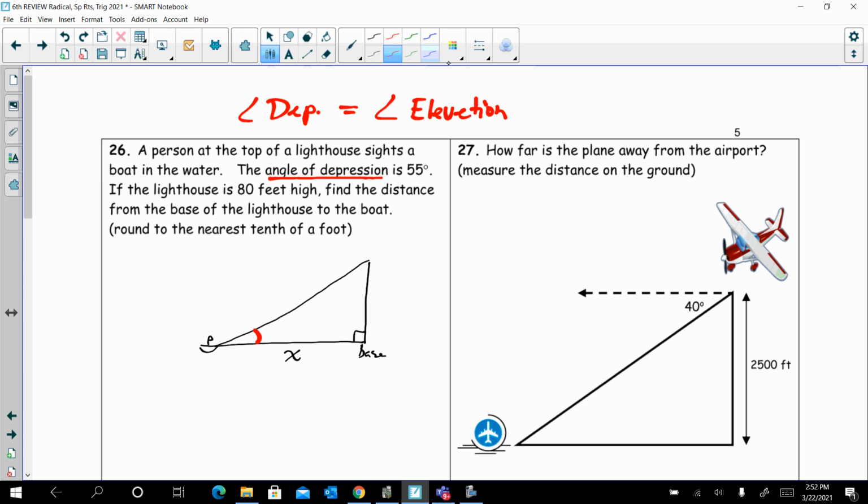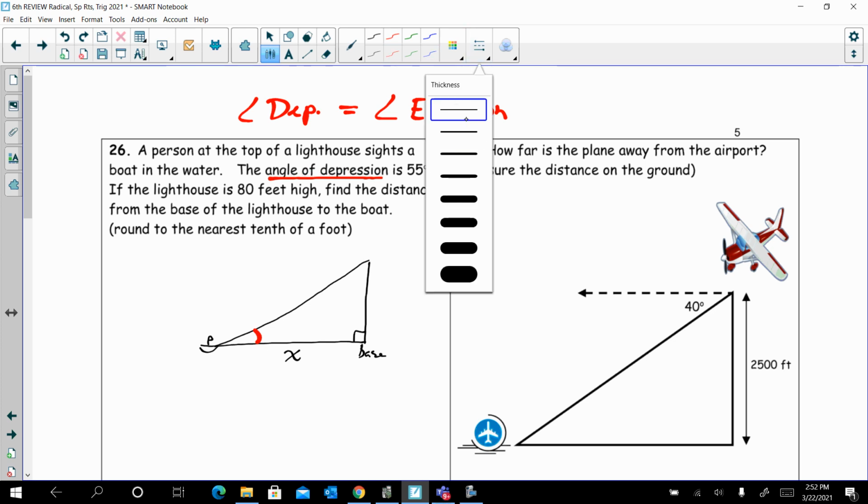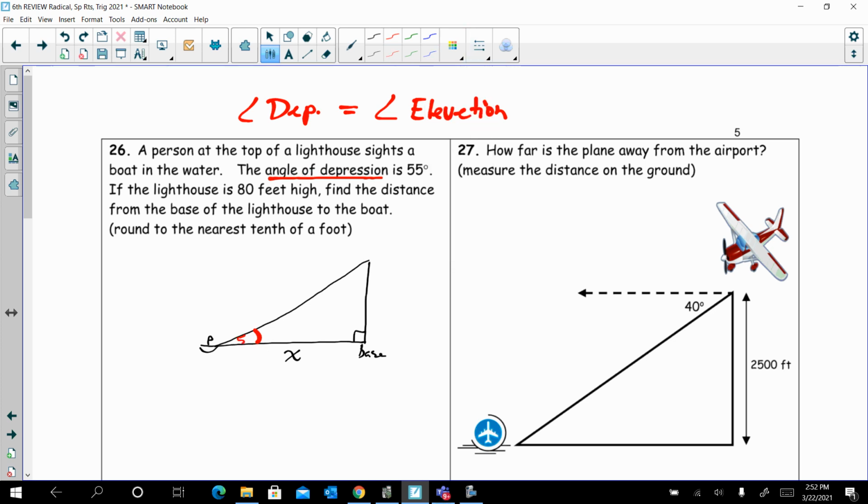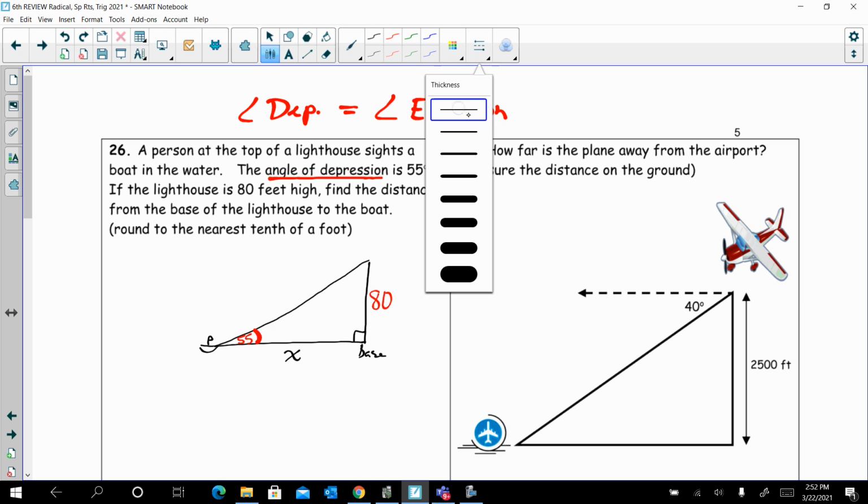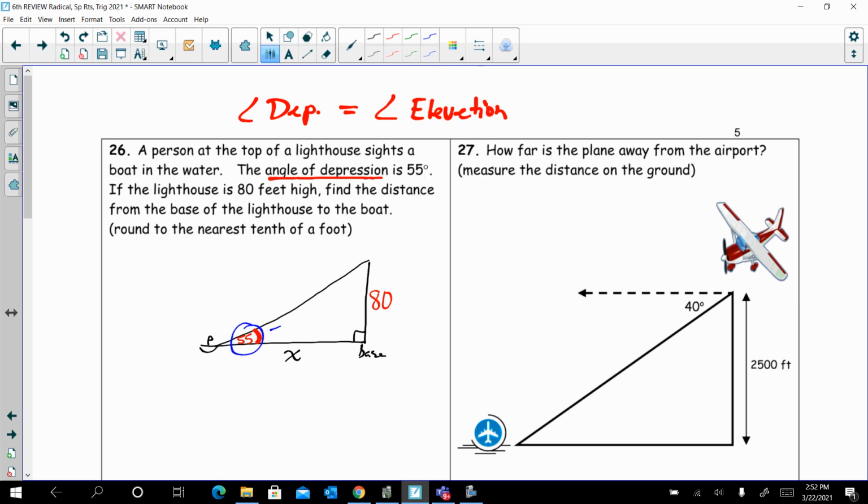And I'm going to label that 55 degrees. Hope you can see that. Then it tells us that the lighthouse is 80 feet high. Height is vertical distance, up and down, so that would have to be here. All right, so what I'm going to do is circle the angle, label our parts. This is my opposite, this is the adjacent.